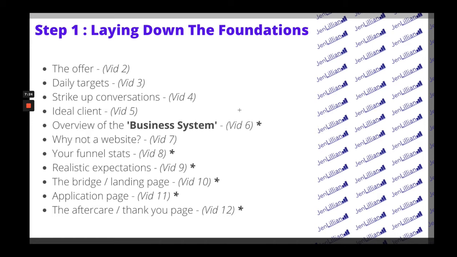Maybe the timing was wrong, maybe they didn't understand the program, maybe they didn't want to join the program, whatever it is. And it could be a simple way of just sending a text message or writing an email, or maybe just sending them a voice note either on WhatsApp or Facebook Messenger, and just basically ask, hi, so-and-so, how are you getting on with losing weight or increasing your fitness or maybe gaining muscle, whatever it is that you deal with your client for.